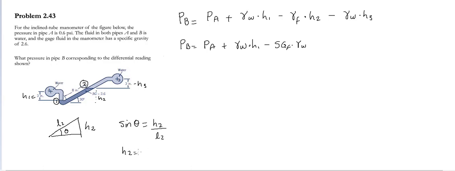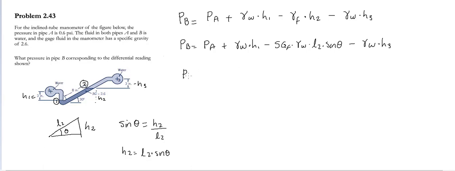Therefore, H2 is simply L2 times sine of the angle theta. So we substitute it back here. Then we have L2 times sine of the angle. And then once again, we have gamma of water times H3. So I suggest you to write the equation first, then we substitute. Now that we have all the components, then we substitute.